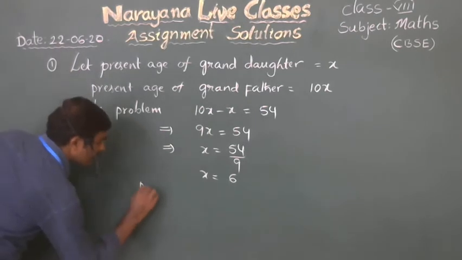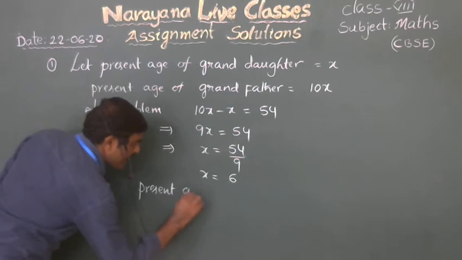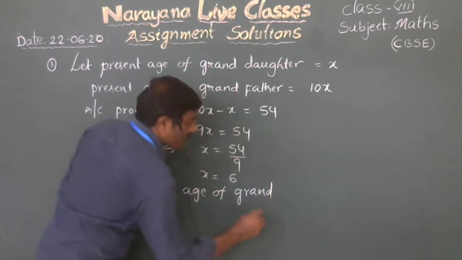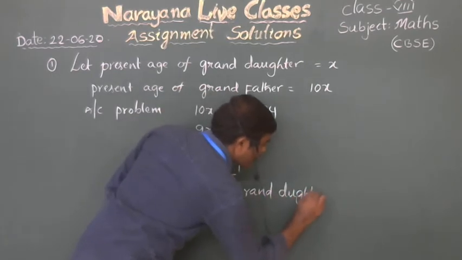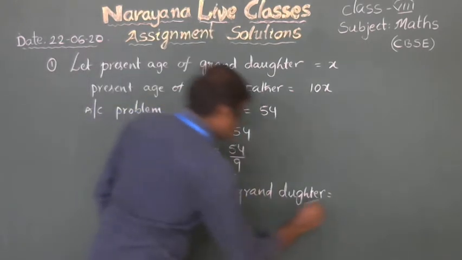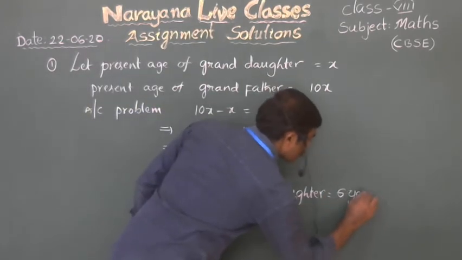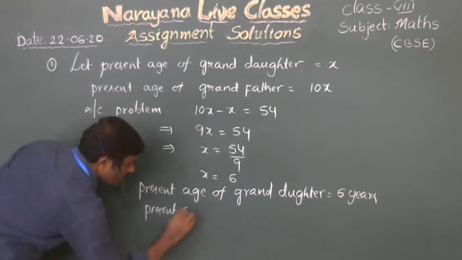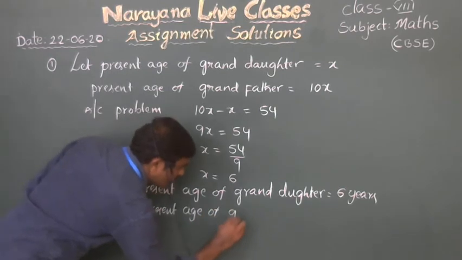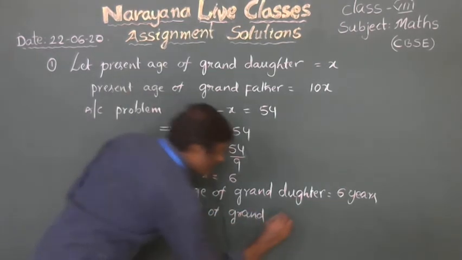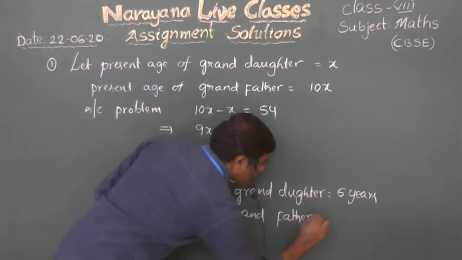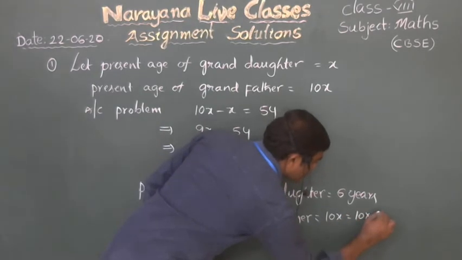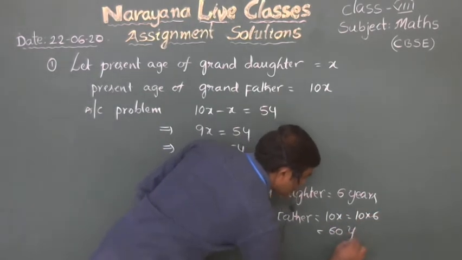Therefore, present age of granddaughter is equal to 6 years, and present age of grandfather is 10x, which means 10 into 6 is equal to 60 years.